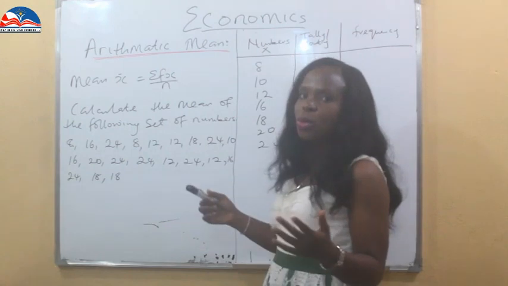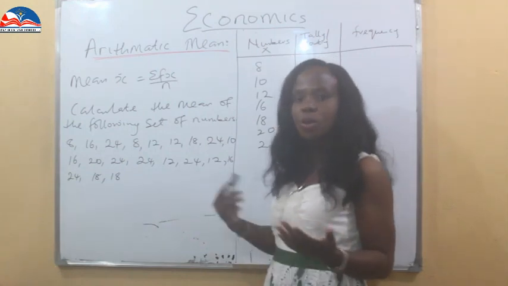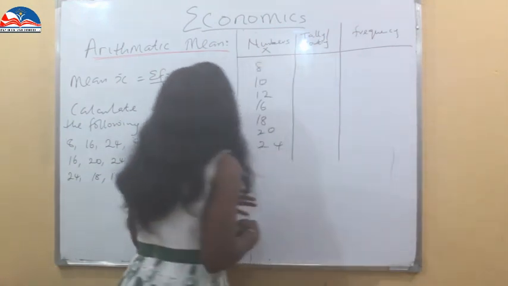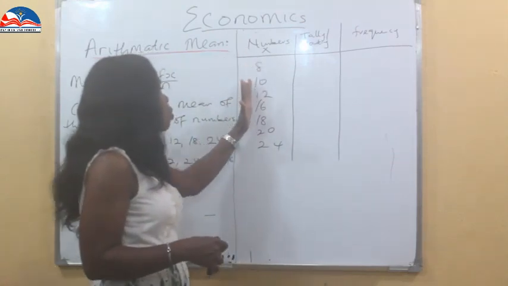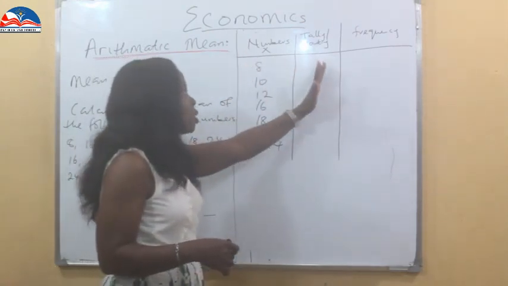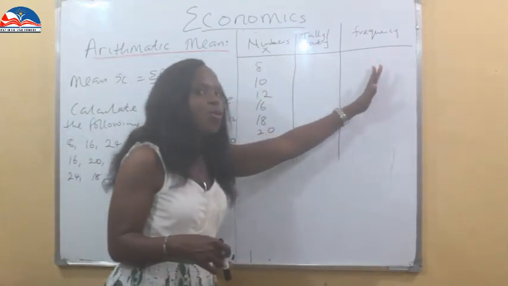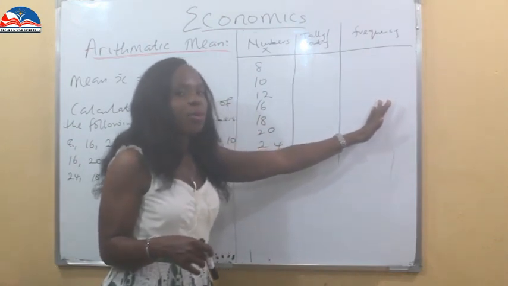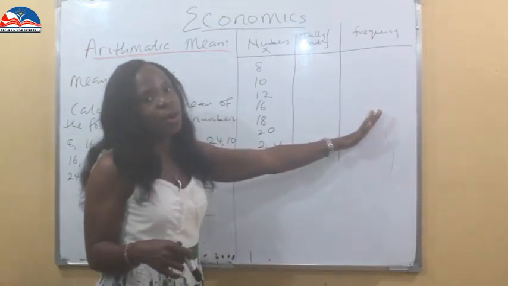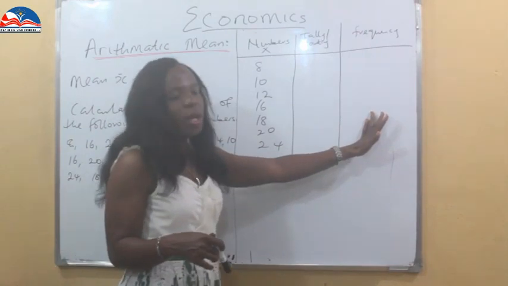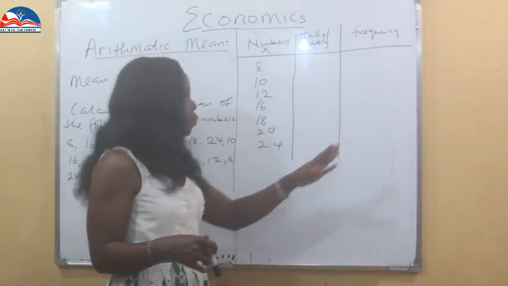So you just put in your tables, you tabulate. First is the number of scores. The next is your tally, then the next is your frequency. How many times did it happen? If you've not watched that class, go back and watch the class on histogram and frequency distribution.